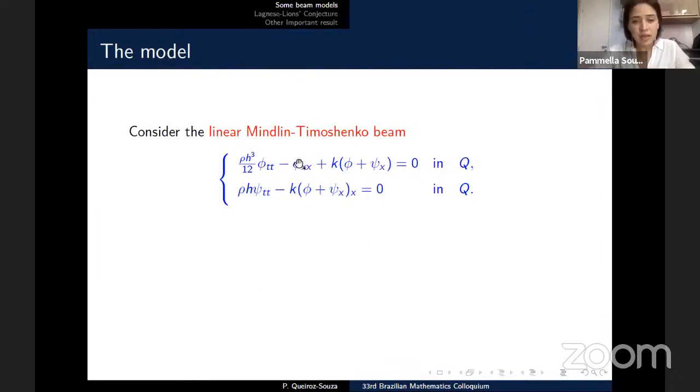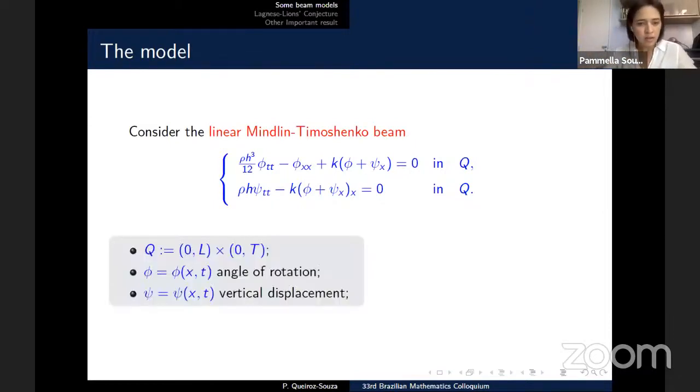This is a model for beams, and this system is widely used due to its physical applicability. Here we have the Cartesian product (0,L) times (0,T), where (0,L) is the segment occupied by the beam, L is a positive number, and T a positive time.